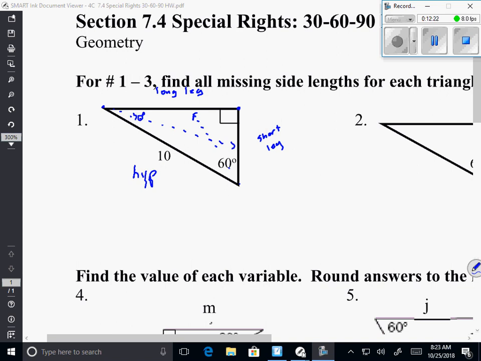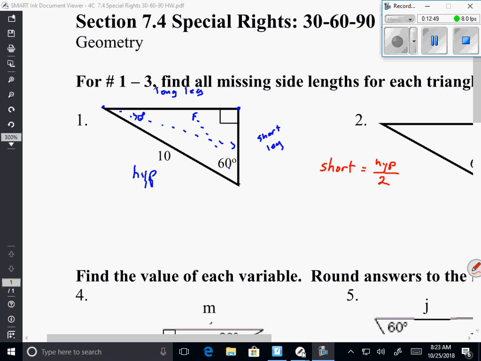So then I have my formulas, and I got 3 formulas this time. The short leg is equal to the hypotenuse divided by 2, and the other way around. They're always half the length of each other, or double the length of each other.